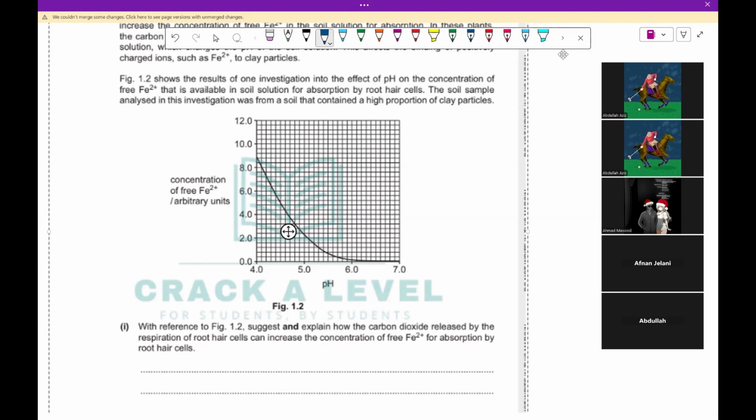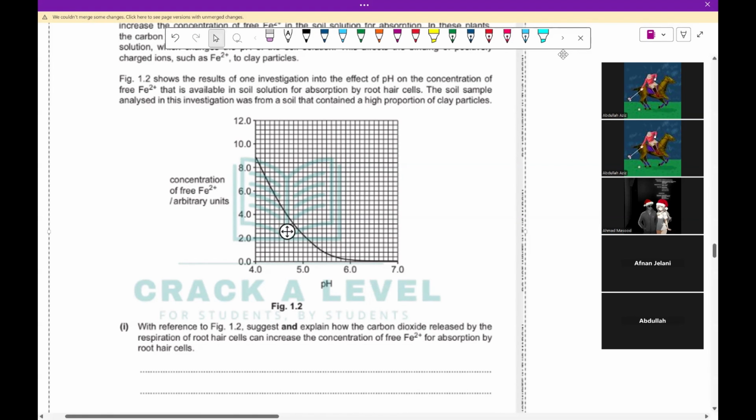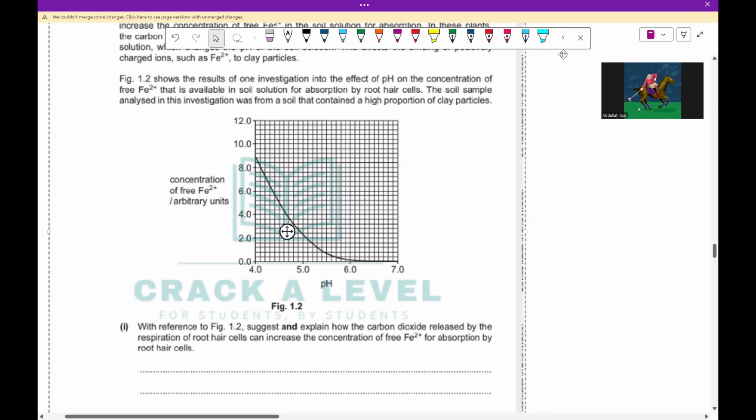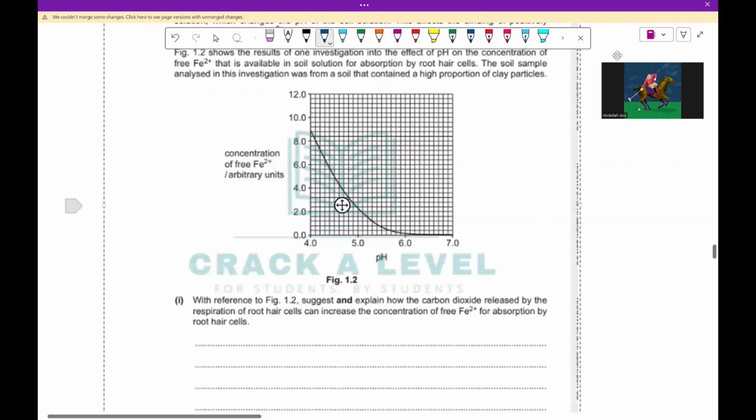So basically the question has told us itself that the carbon dioxide will be reducing the pH of the soil. Since it says explain how the carbon dioxide released by the respiration can increase the concentration, we know from the table that the lower the pH of the soil, the more the concentration of free Fe2 plus ions in the soil. So the only way carbon dioxide increases the concentration is by decreasing the pH, right?